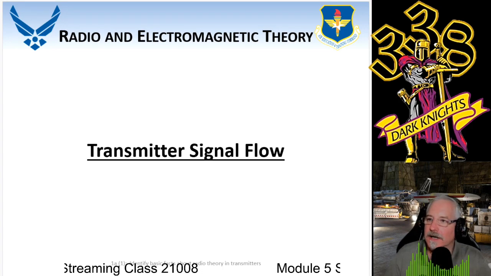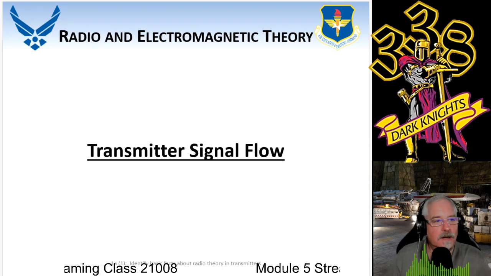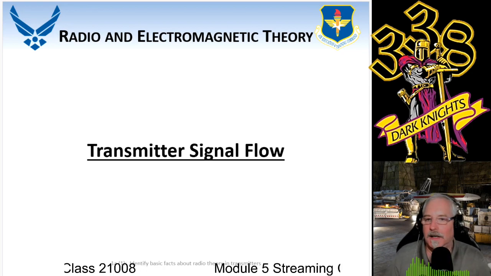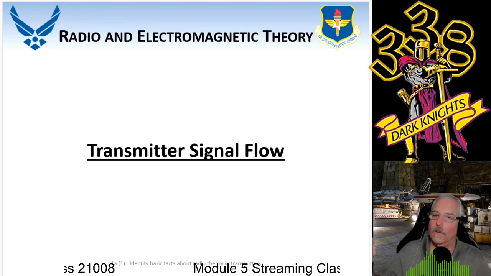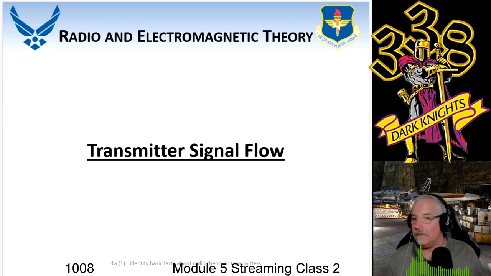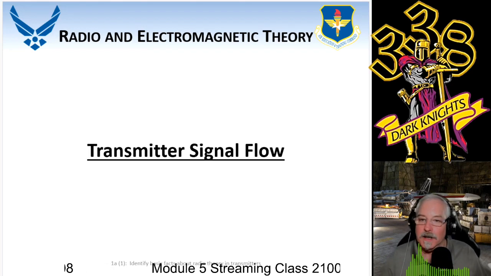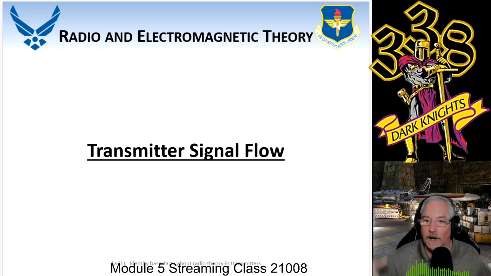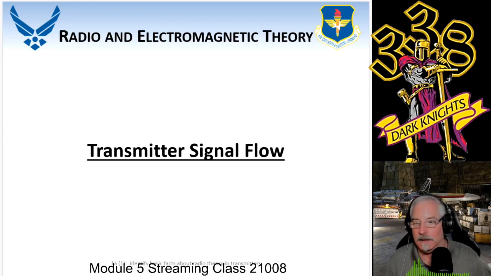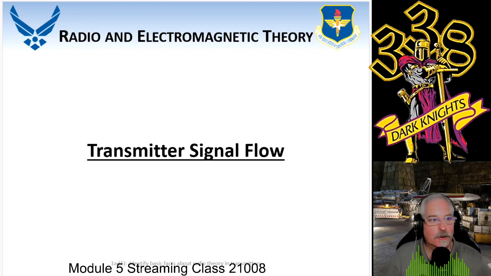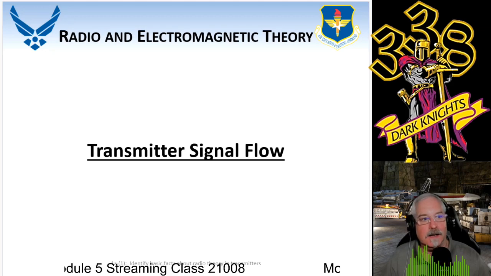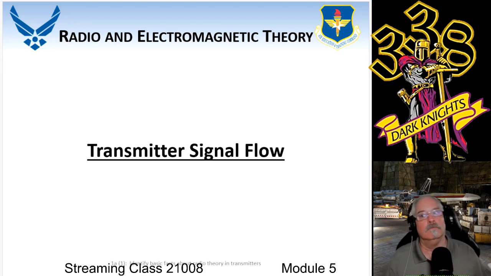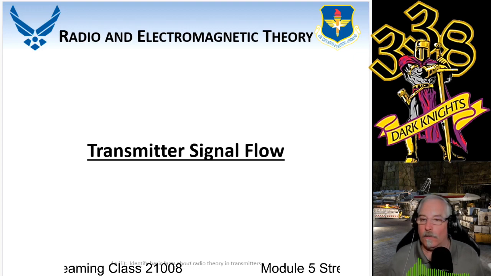So now we're going to look at transmitter signal flow. The big thing about transmitter signal flow is you've got to figure out what is happening where in order to figure out where the problem is. For example, if I am transmitting out a signal and it's supposed to be modulated, and I put, let's just say, a spectrum analyzer or even an oscope on the end of it to look at that modulated output, and I'm not getting it, I just don't want to ditch the radio right away.